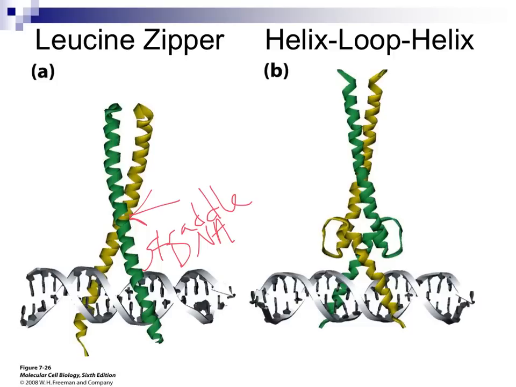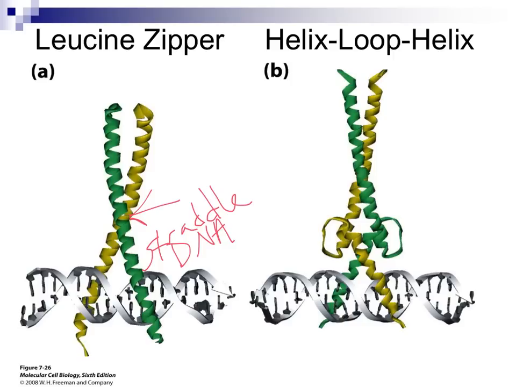By straddling the DNA, one part of the protein, in this case the yellow part, will situate itself on one side of the DNA molecule. The green part of the molecule will situate itself on the other side. So it straddles, or sits on both sides of the DNA molecule.